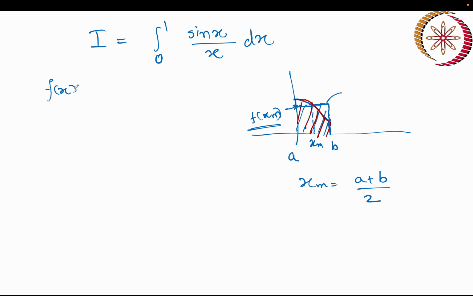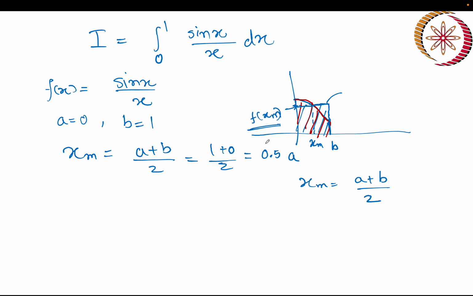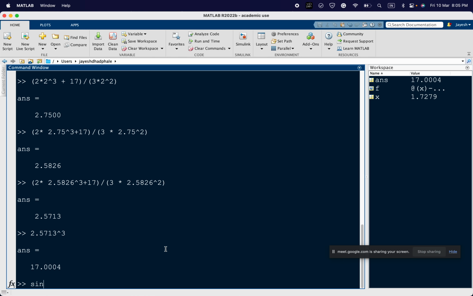So if f of x is nothing but sin x upon x, and a is 0 and b is 1, then the mean location will be a plus b by 2, which is nothing but 1 plus 0 by 2, which is 0.5, and f at 0.5 is nothing but sin 0.5 divided by 0.5, which is 0.9589.